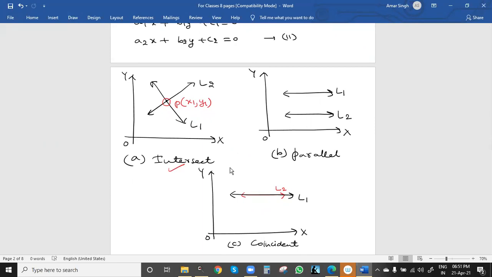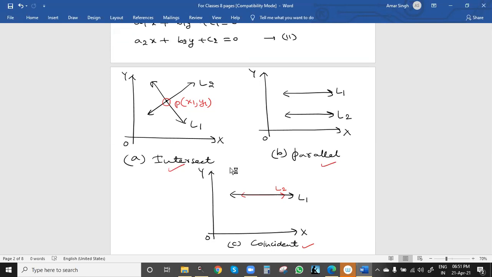Second, both can be parallel, so lines L1 and L2 can be parallel as well. Third, both can be coincident, meaning they lie on the same line, L1 and L2 are the same line, one above the other.